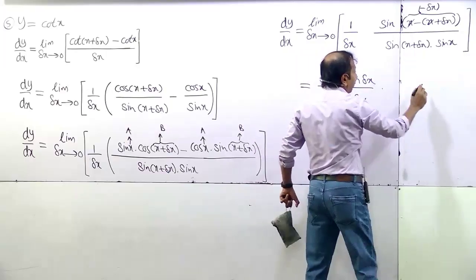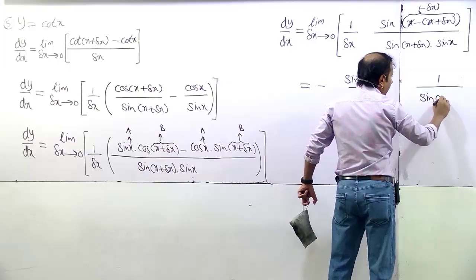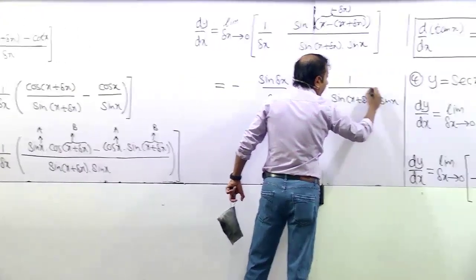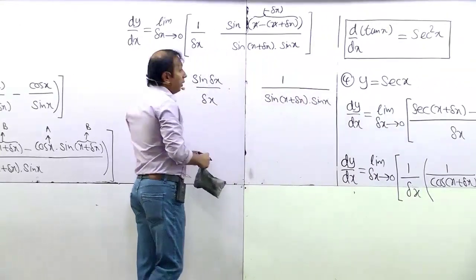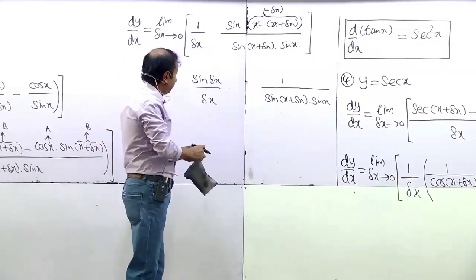And now, this one we have 1 over sin x plus delta x sin x. Now, this limit delta x on 0 I apply for this and this separately. Yes.